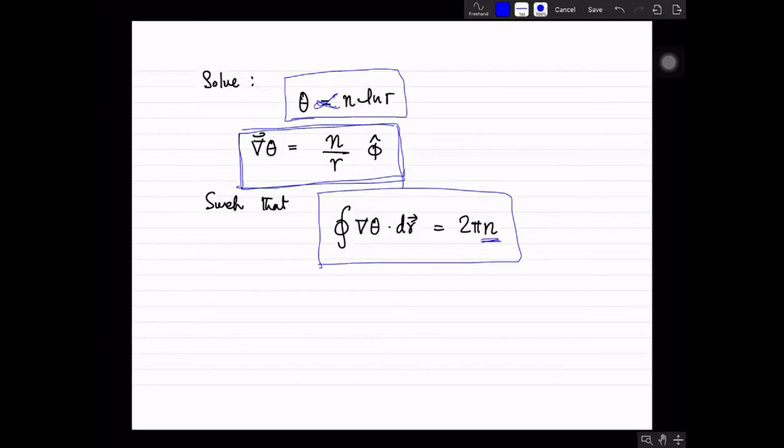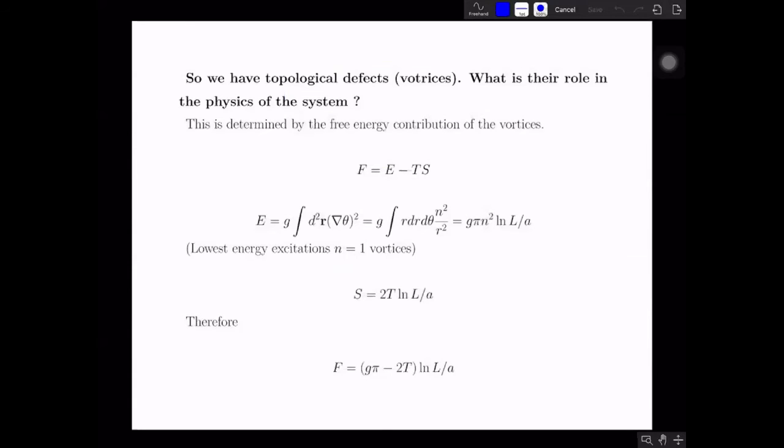But let's ask the question, now that we understand point defects in 2 dimensions, the vortices: how do they control the physics of the system? In equilibrium stat-mech, we know that one of the things we need to understand is the free energy contribution for anything.